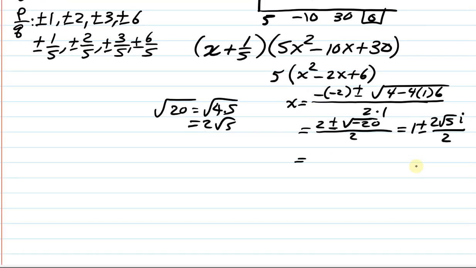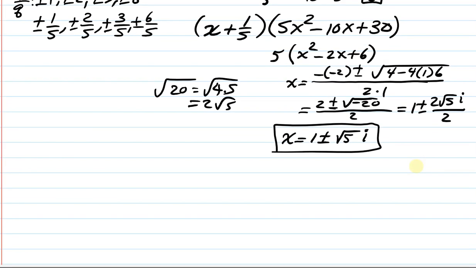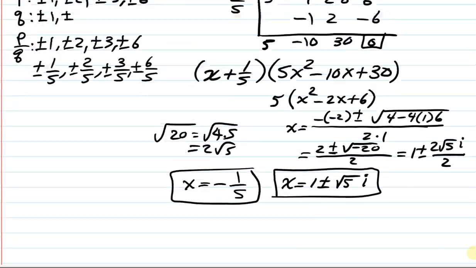So looks like the solution is going to be 1 plus or minus root 5i. There are 2 complex conjugate solutions in this one. So all in all, we have 3 solutions. The solutions you're looking at are x equals negative 1/5, the rational one, and the 2 complex solutions. And that should do it.